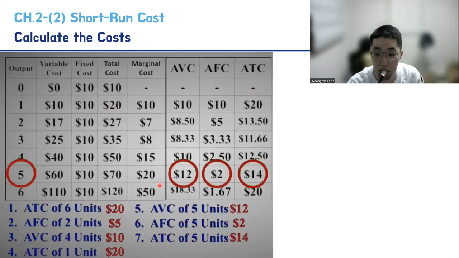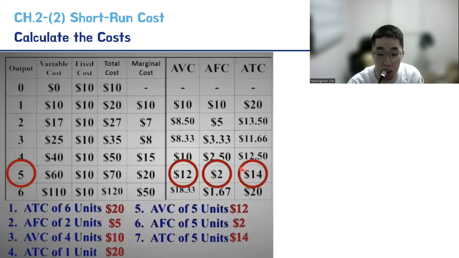So 12 plus 2 equals 14. So for every single one of these, the average variable cost plus average fixed cost equals the average total cost.